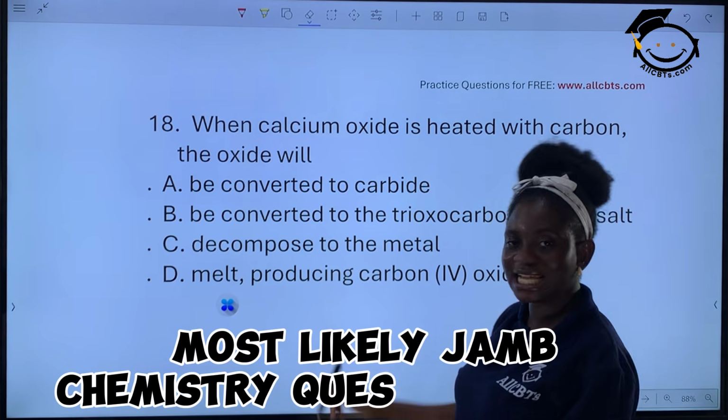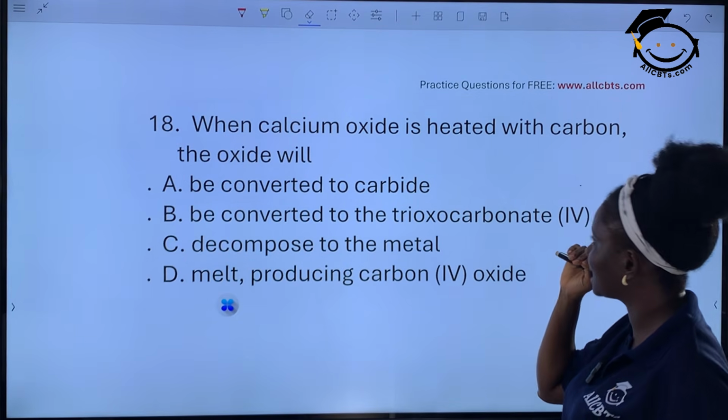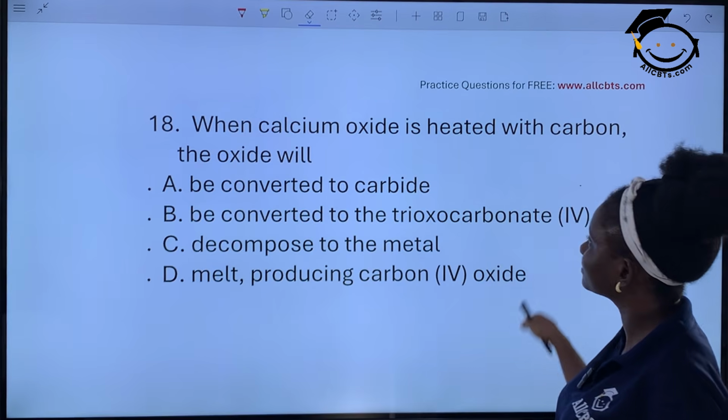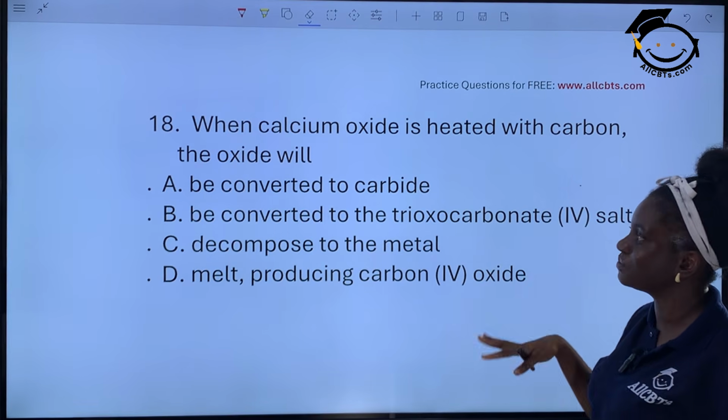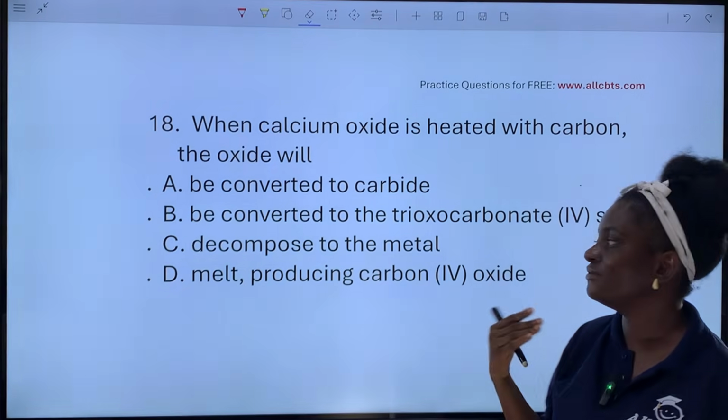Alright, so the next question here is, when calcium oxide is heated with carbon, the oxide is converted to what?